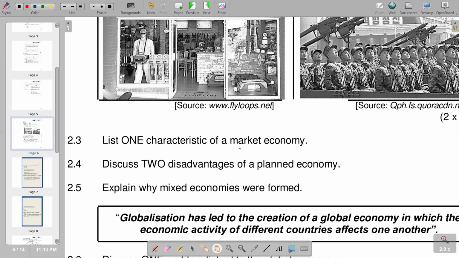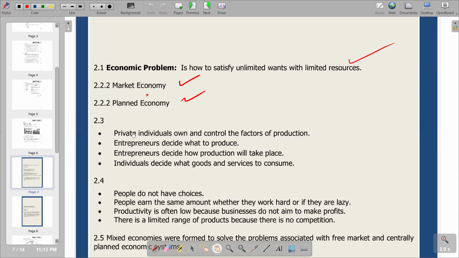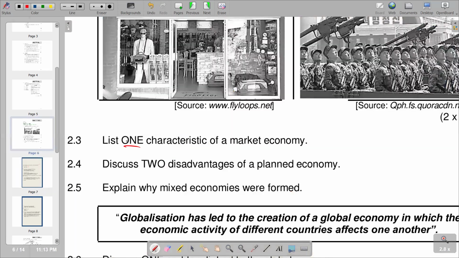So it becomes one of the basic characteristics that you can mention, but we have them listed in the answer section, whereby we are saying private individuals own and control the factors of production, which represent our resources. And then secondly, entrepreneurs decide what to produce and also how production will take place. So you can just pick one from this, because our question is only looking for one characteristic.